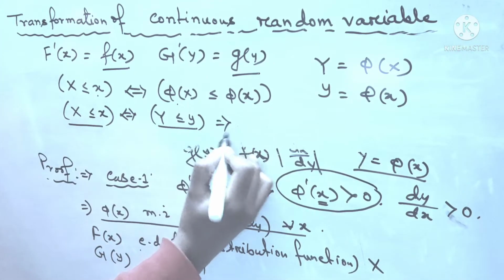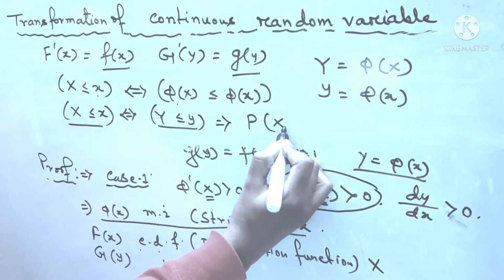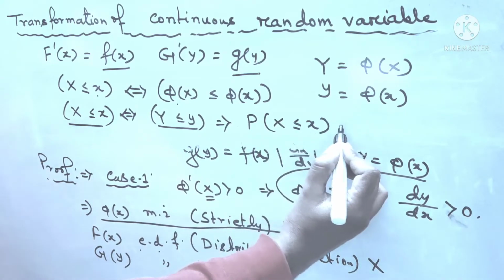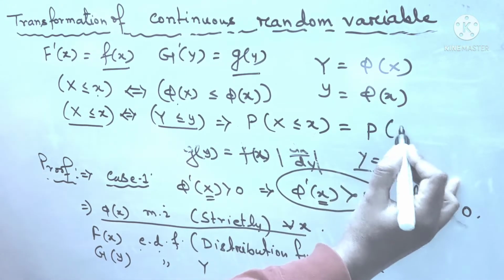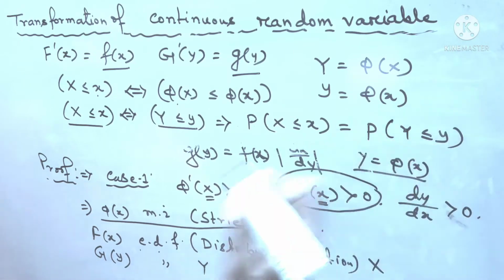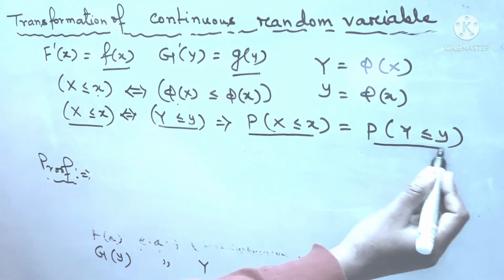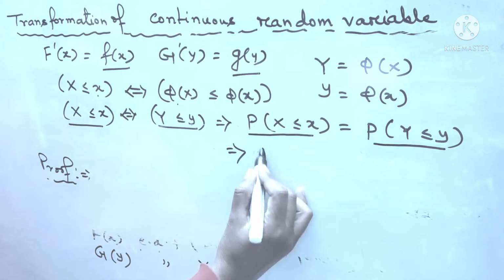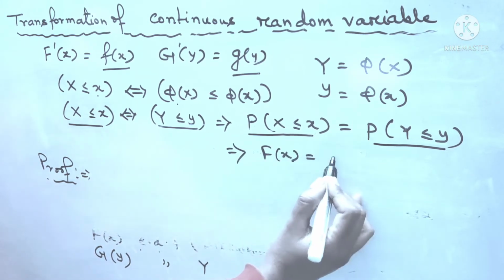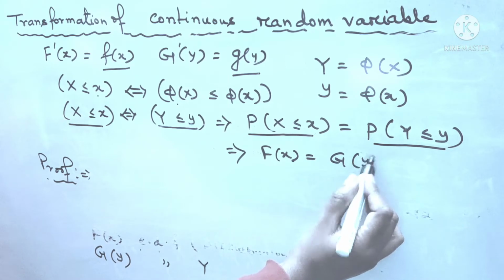So we can write P of capital X less than or equal to small x is equal to P of capital Y less than or equal to small y. From the definition of CDF, we can write capital F of x is equal to capital G of y.